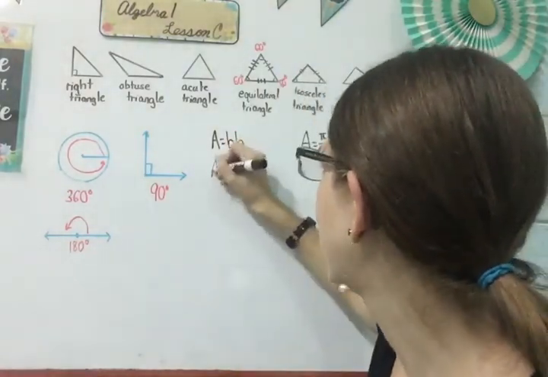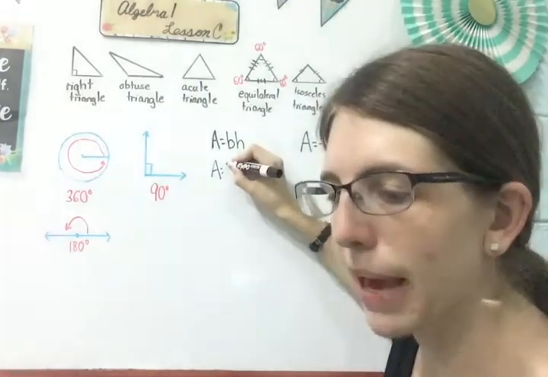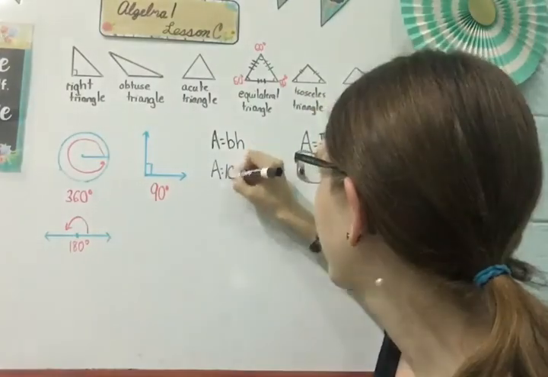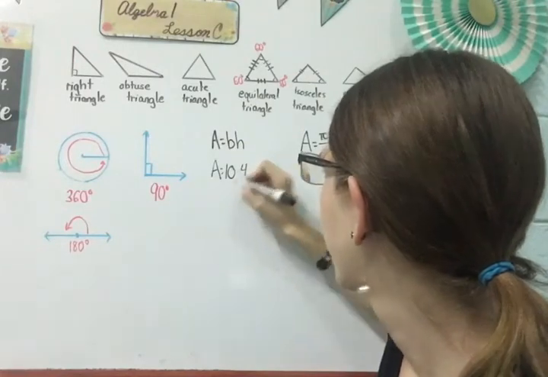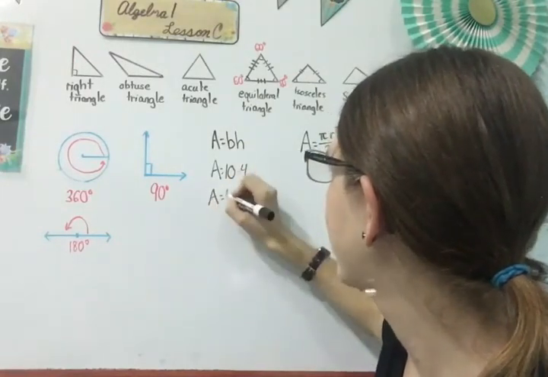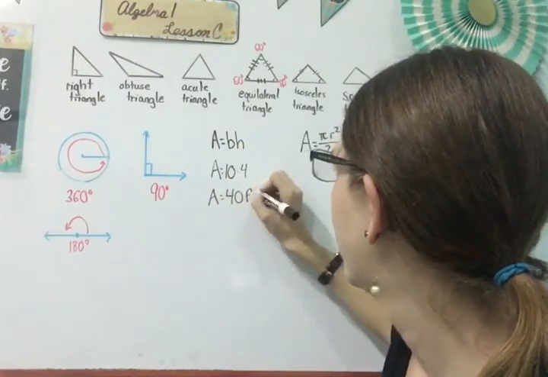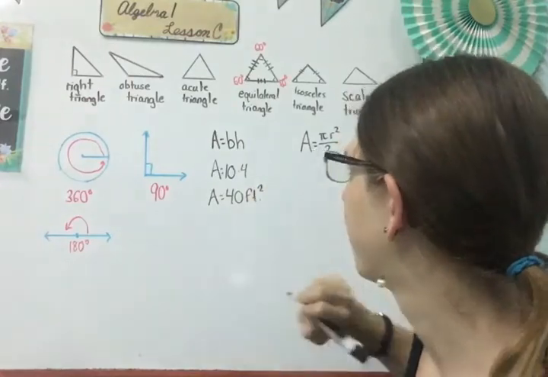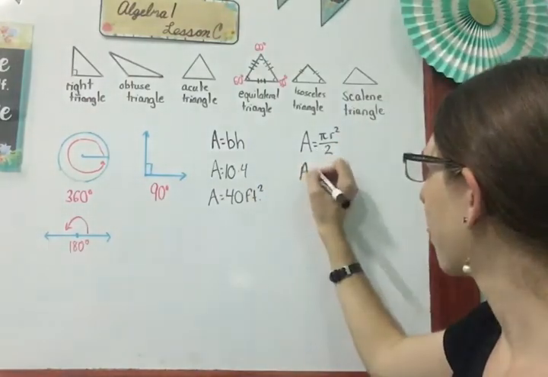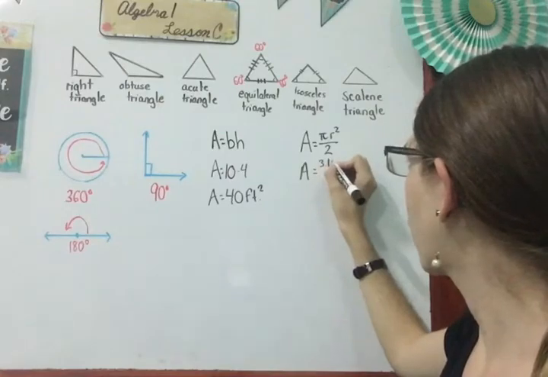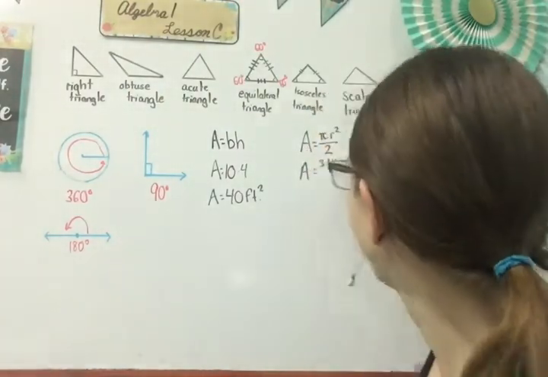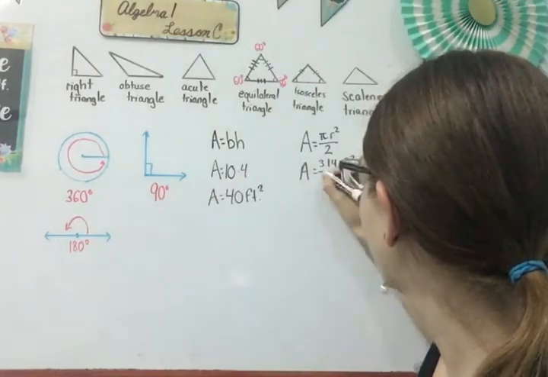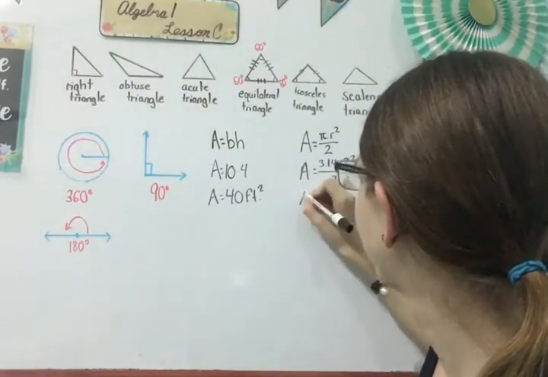Okay, base times height. Your base is 10, your height is 4. So your area is 40 feet squared. Over here, 3.14 is pi. Radius is 2 squared divided by 2.